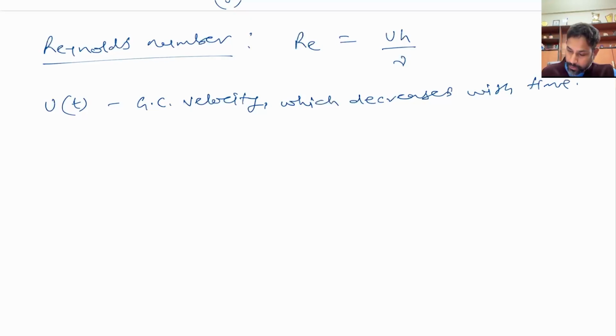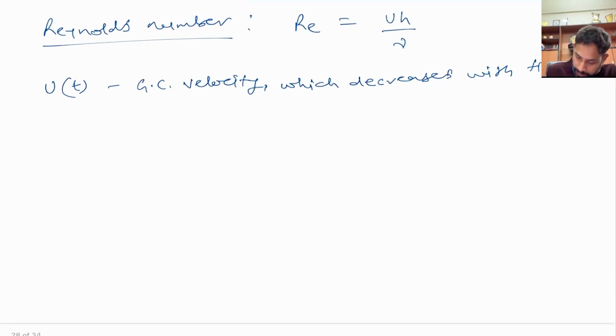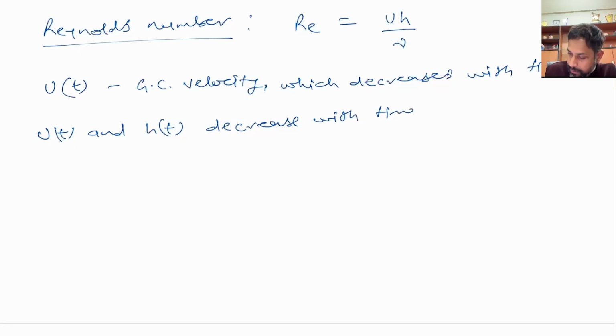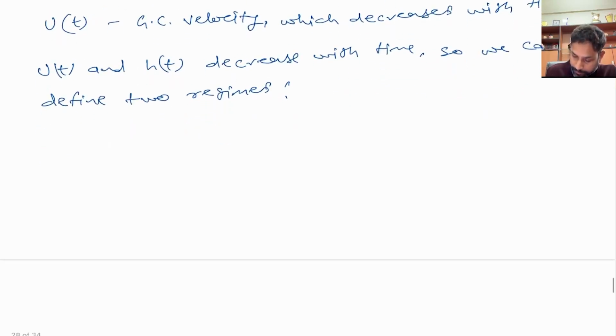Okay, so here we see that both u and h decrease with time, so we can define two regimes.